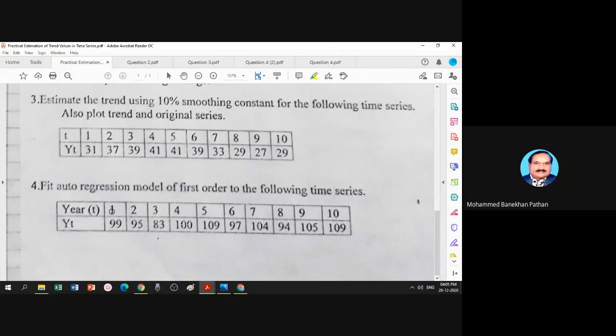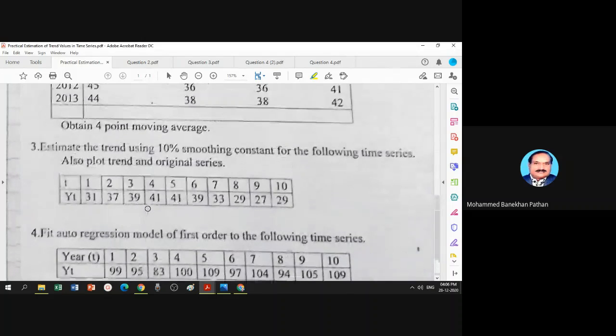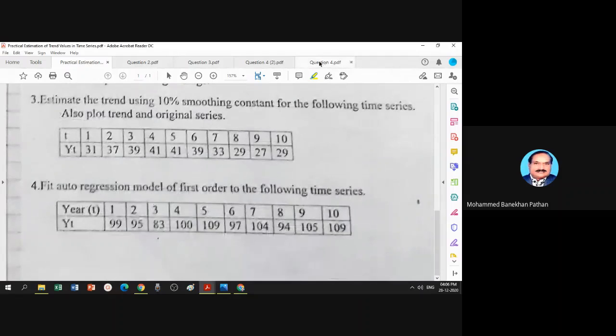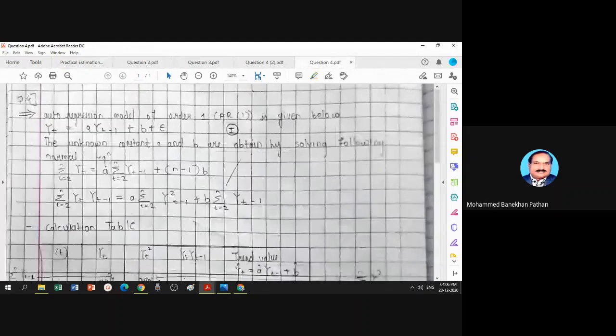It may be any numbers, but for simplicity, we take 1 to 10. You can transform any values to 1 to 10 by change of origin. See how to make the fitting of the AR1 model. Question number 4, solution.